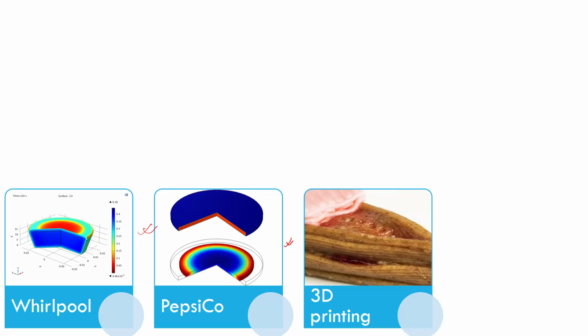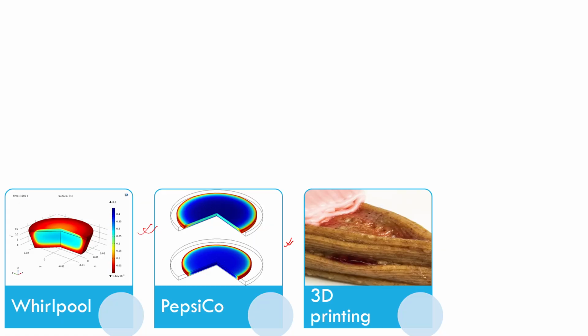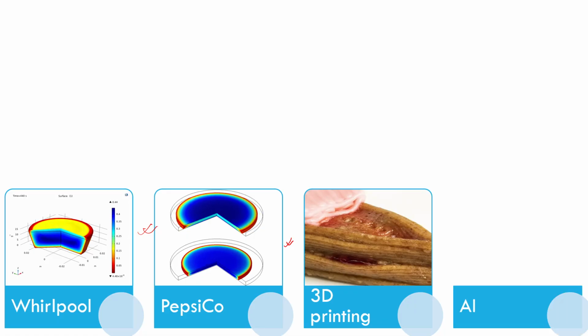Another one where this kind of digital food physics and models are used, in what we're calling computer aided engineering. Another place for use of these digital models and simulations and the underlying physics is in 3D printing.